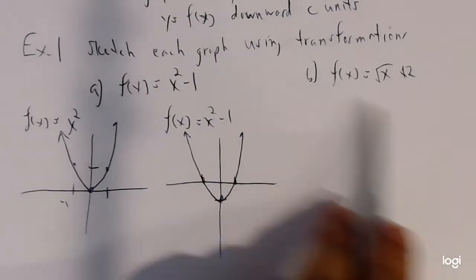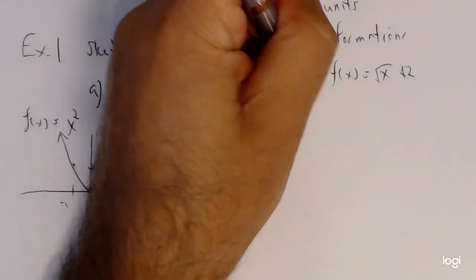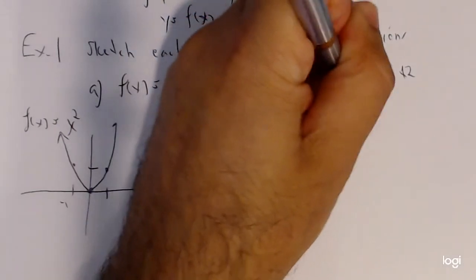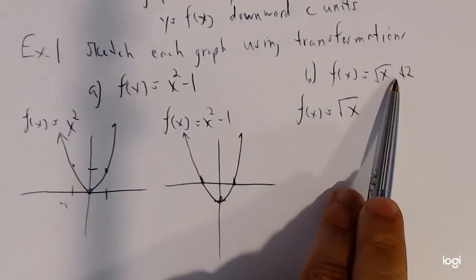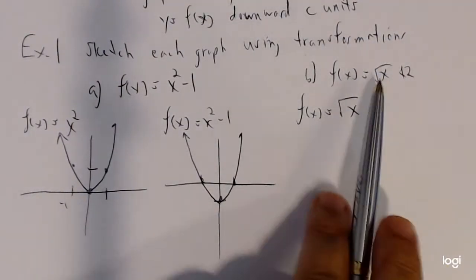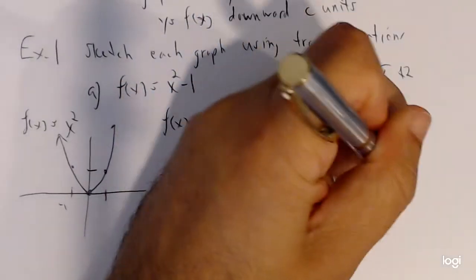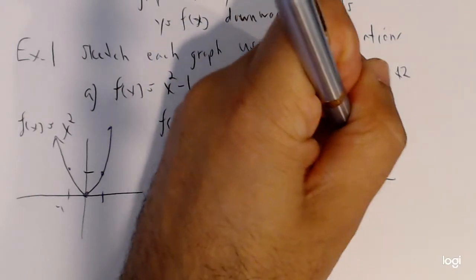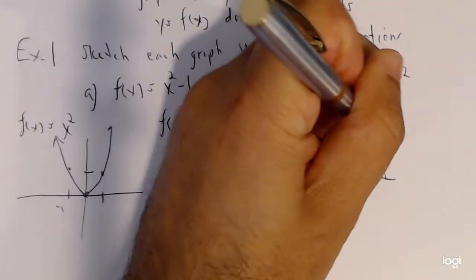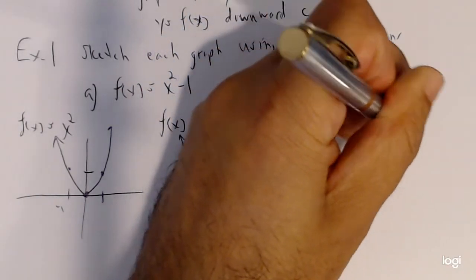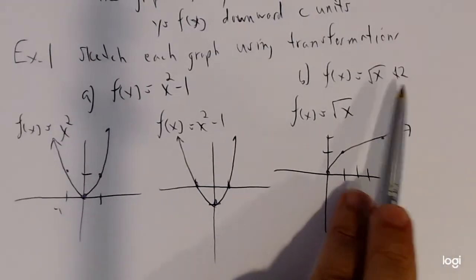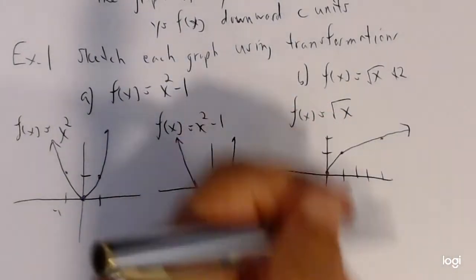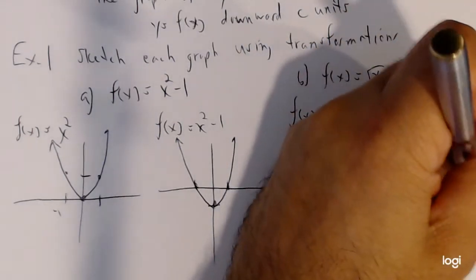You might want to pause the video and do this on your own, but let's get started. The parent function that I want to start off with is what? It's rad x, because we know what the graph of radical x is. So rad x has a graph 0, 0, 1, 1, 4, 2. And then this plus 2 is saying grab this graph and shift it up 2 units.